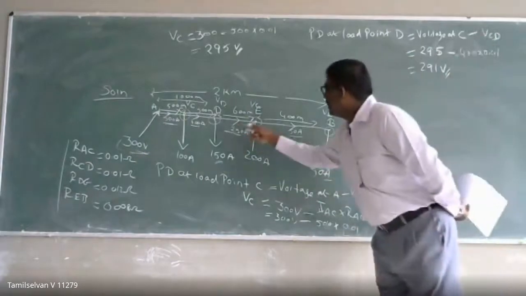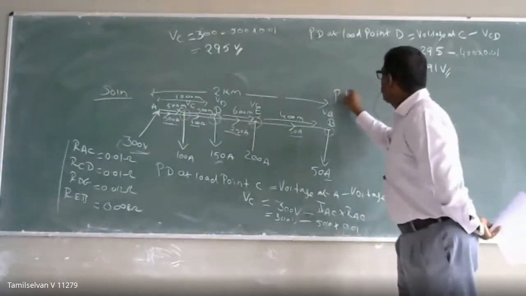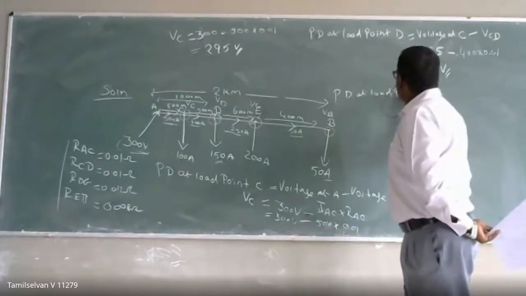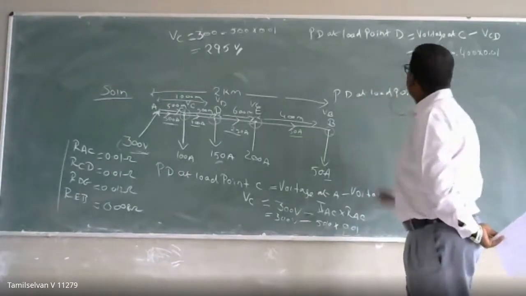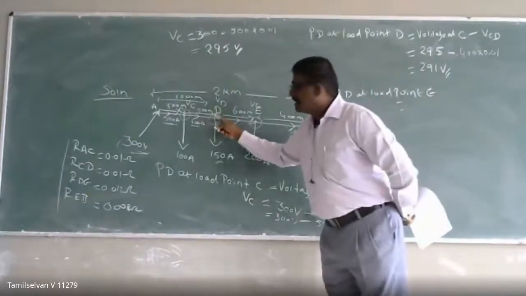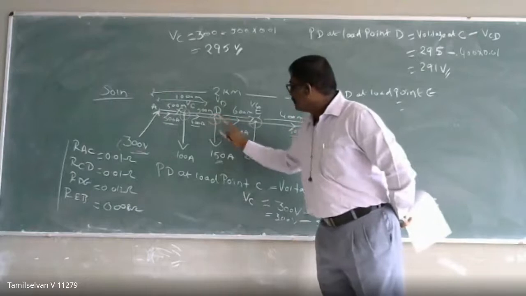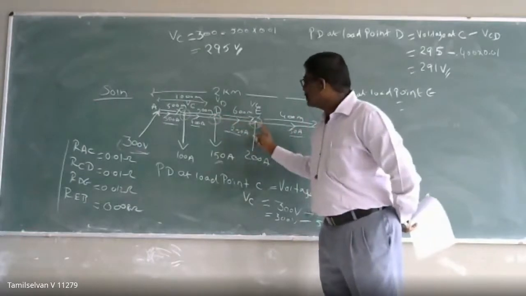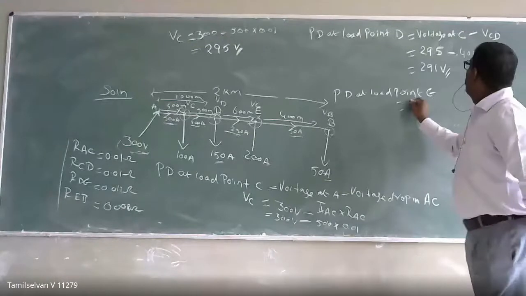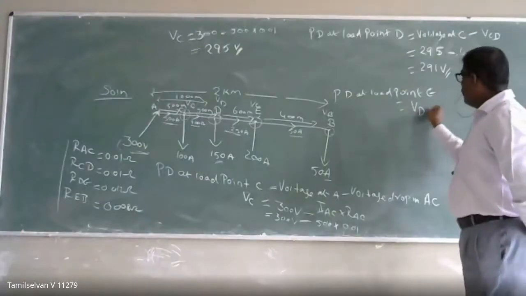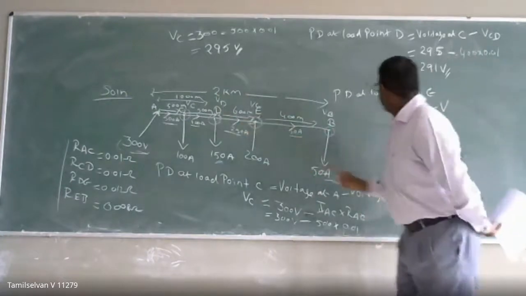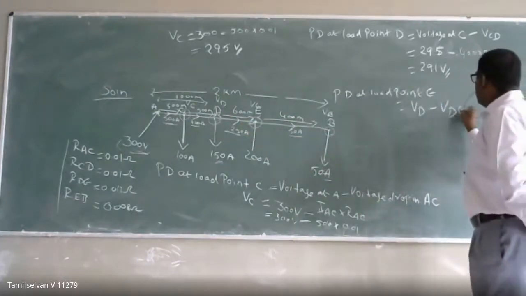Okay. Next, I have to calculate the potential at load point E. It is VD, the potential at this point, minus the drop in the section DE.